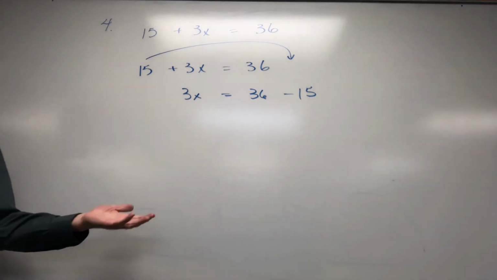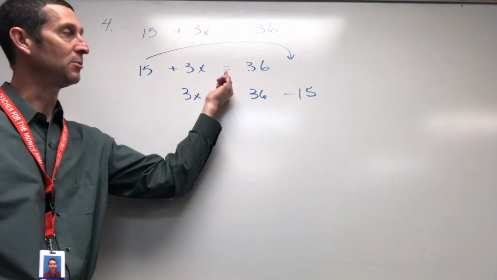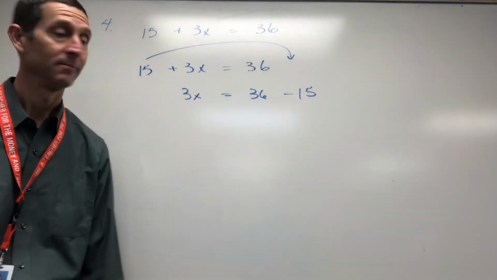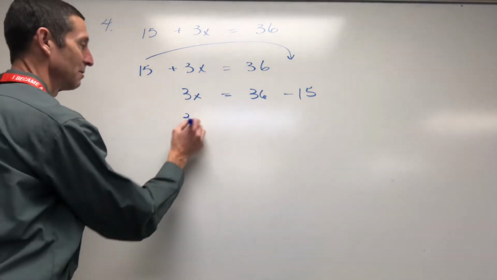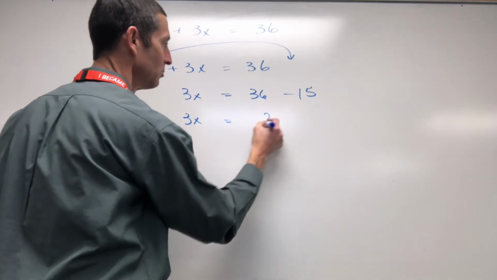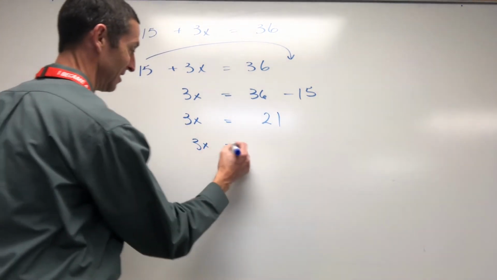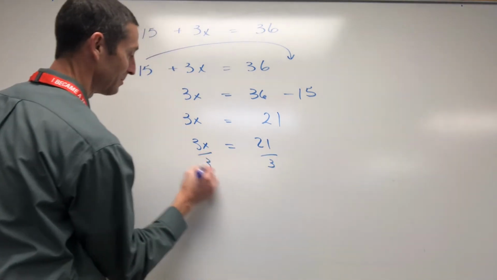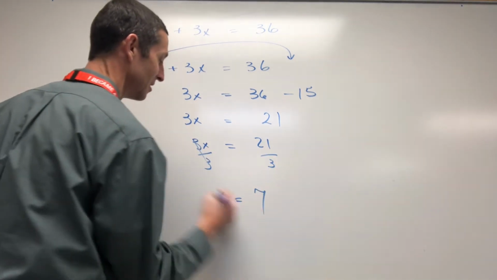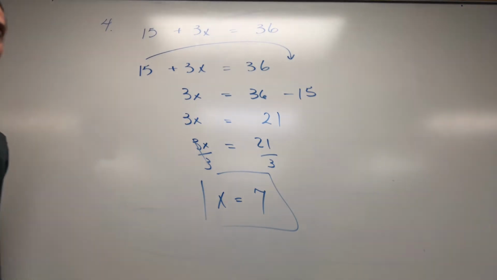So that's my rule. If you pick it up and move it, if you cross the equal sign, change its value. Clean this up. 3x, what is this, 21? Oh, look at that. The plan is just coming together. Divide by 3, boom. X is equal to 7.